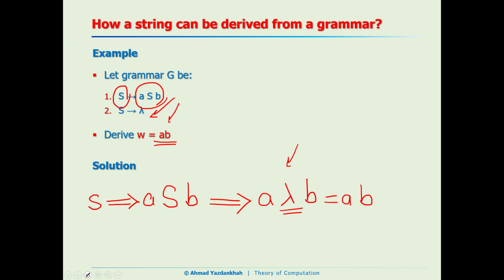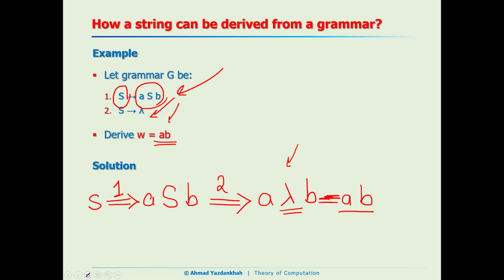All right, to specify how we derive this AB from this grammar, it's a good idea, especially at the beginning, to say, okay, we use production rule number one here, and then here we use production rule number two. And this is just the equivalency between the strings.